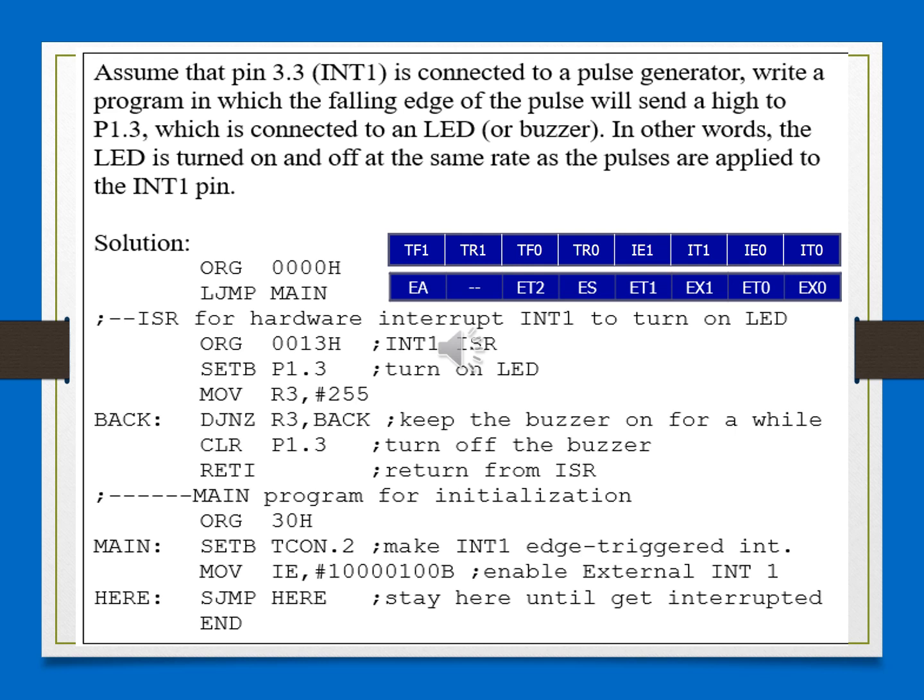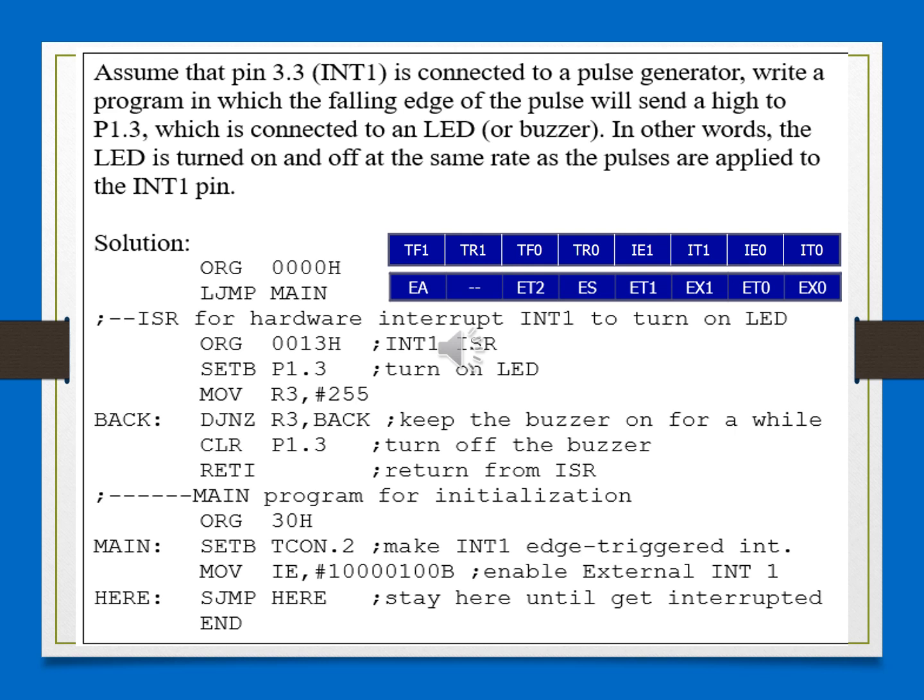After the delay, what are you doing? Clearing P1.3, so you are turning off the LED, and you return, which is the end of the subroutine. So what was the objective of the program? Whenever there is a falling edge of the pulse at the external interrupt 1 pin, that is P3.3, where you have connected a pulse generator, which gives continuous pulses, you have to glow the LED.